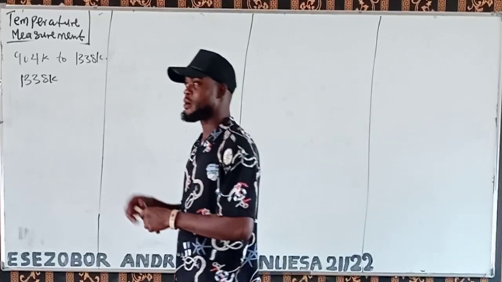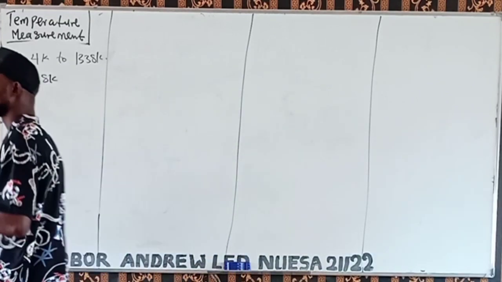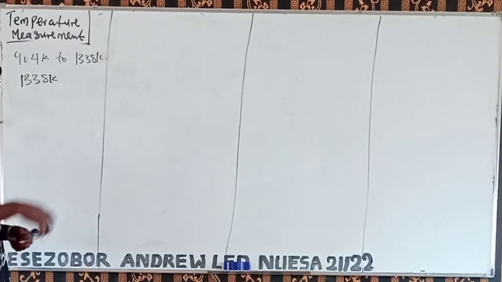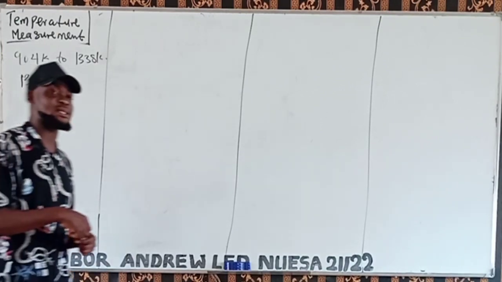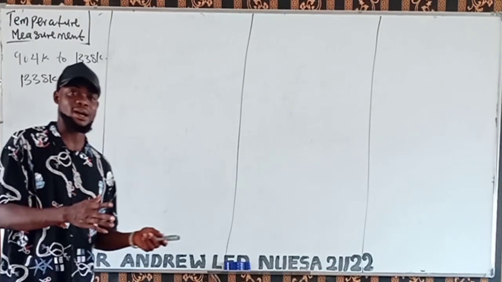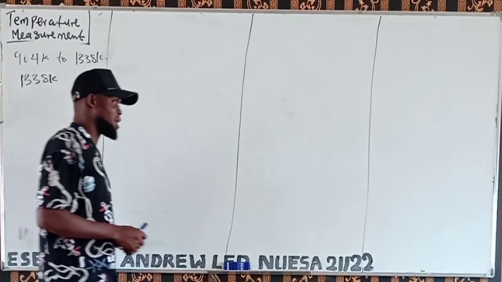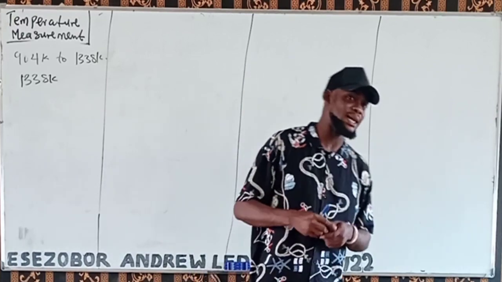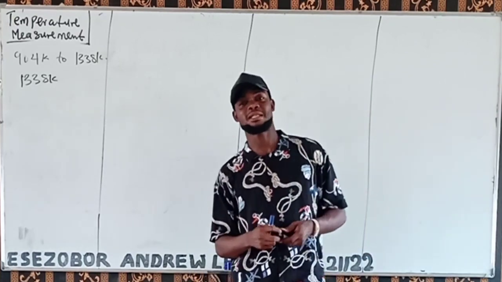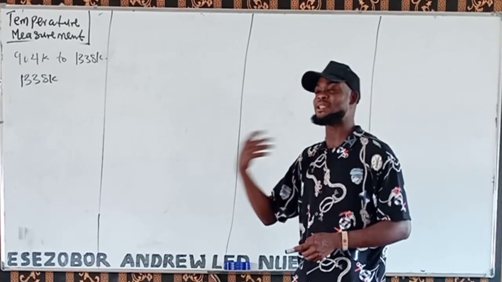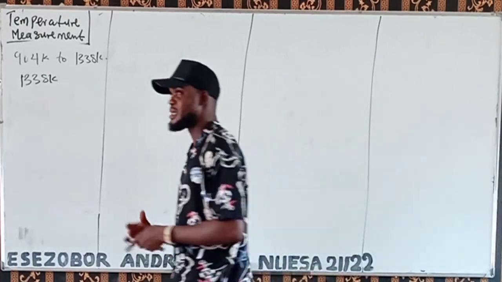We also have the liquid in glass thermometer. An example of a liquid in glass thermometer is the clinical thermometer. The liquid inside the glass can be alcohol or mercury, or any other useful liquid that has a definite thermometric property. Remember, the thermometric property of the liquid in glass thermometer is the length of the liquid column in the glass capillary tube.